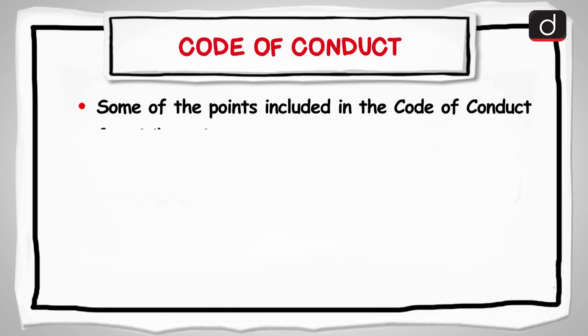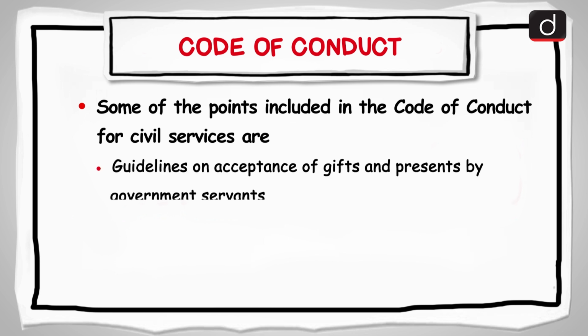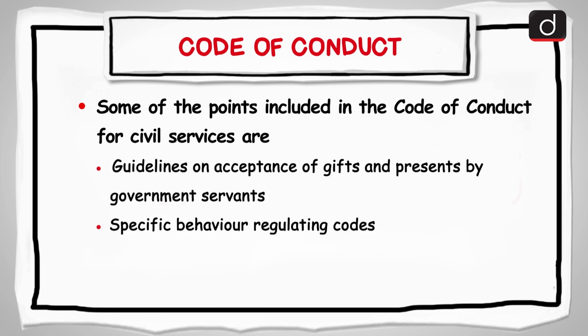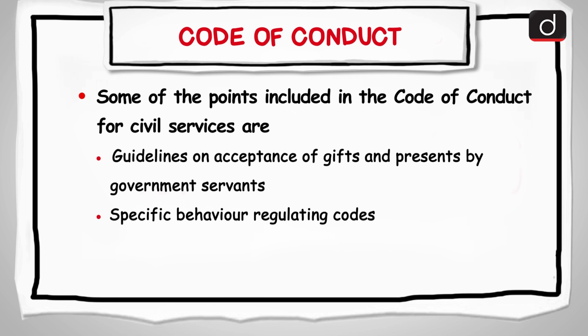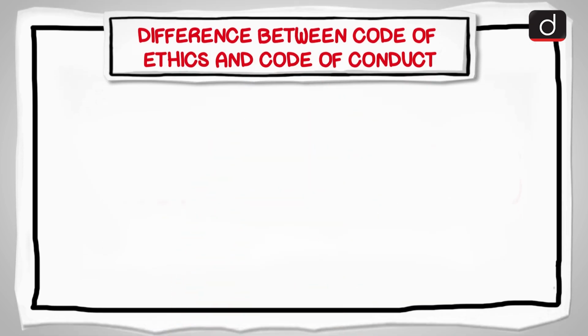Some of the points included in the Code of Conduct for Civil Services are guidelines on acceptance of gifts and presents by government servants, specific behavior regulating codes, Class 1 officer shall not permit son or daughter to take employment with a company with which she has official dealings or acquiring immovable property with previous knowledge of prescribed authority, and so on.